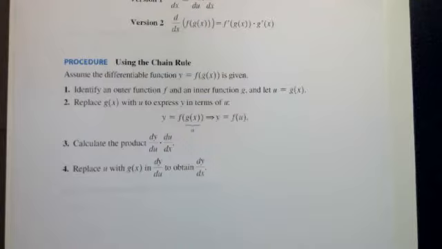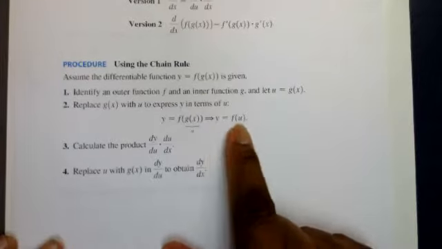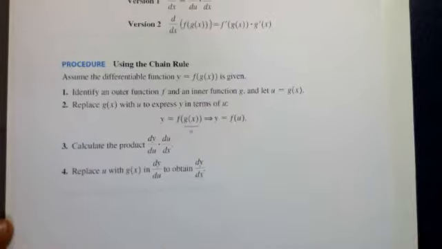Then number 2, you're going to replace g of x with u to express y in terms of u. If we let u be g of x, then that means y will be equal to f of u.